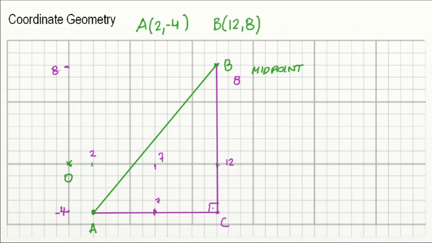So if we take 8 minus negative 4, it would give us 12. So this length BC is 12. So halfway through it would be 6.